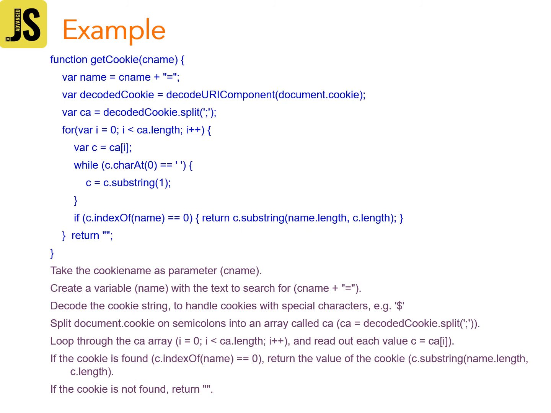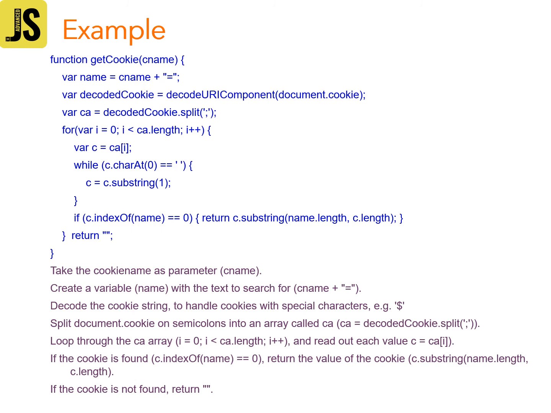After that, we have a for loop to loop through the corresponding ca array. i is equal to 0, i less than ca.length, i plus plus, and read out each value c is equal to ca of i. ca of i means we have to read the value from each index position of the array.